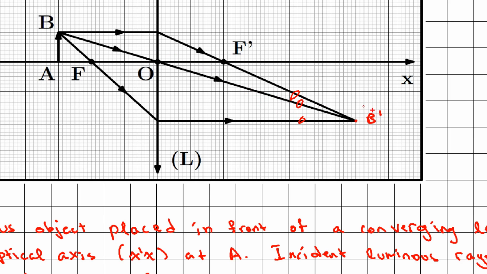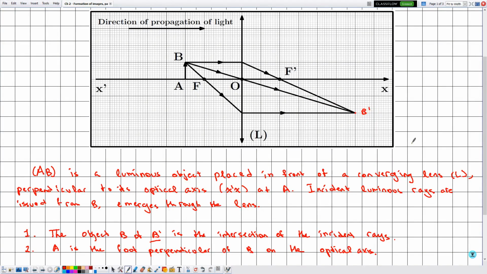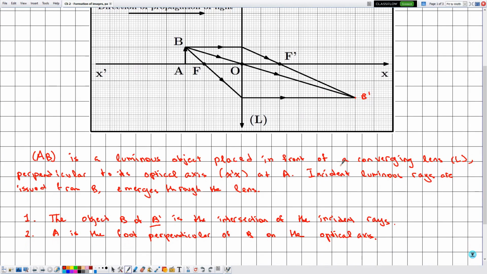Therefore, the point B prime will represent the intersection of the emergent rays. Okay, so let's write down idea number 3. The image B prime of B is the intersection of the emergent rays.